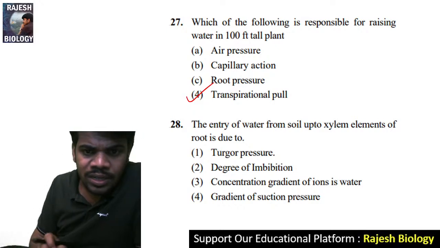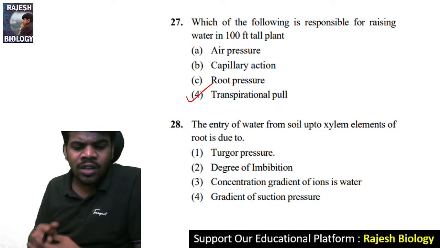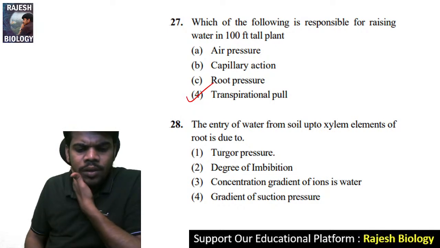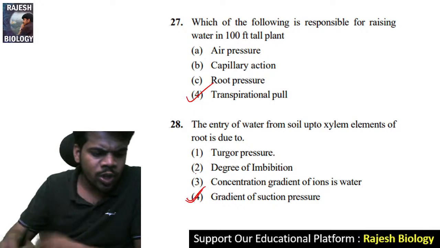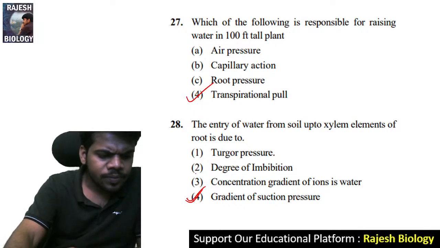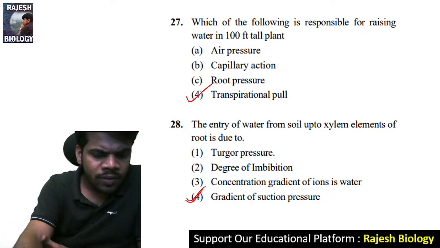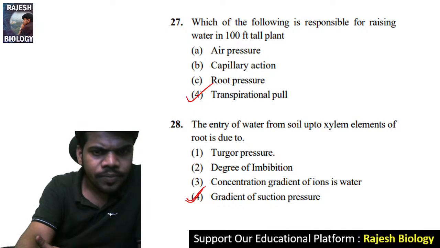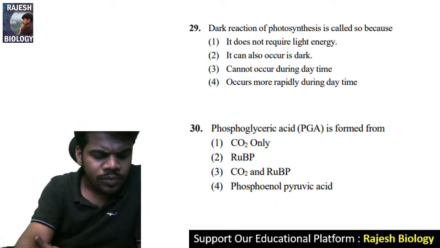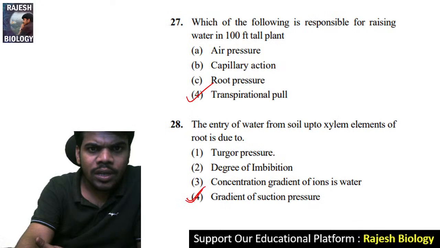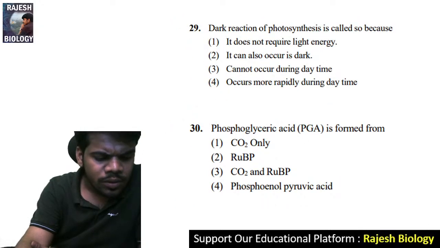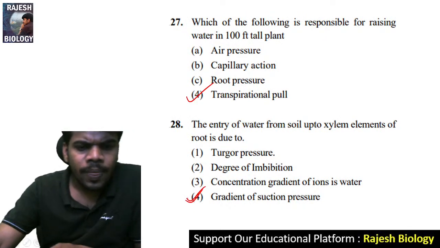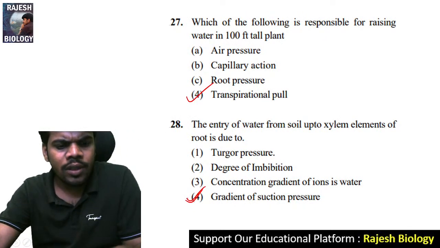Saujanya says concentration gradient of ions in water, but the answer is the fourth option. Nagajyoti, you are on the 26th question. Chinnu also says 28-3. Shall we check once with that answer?